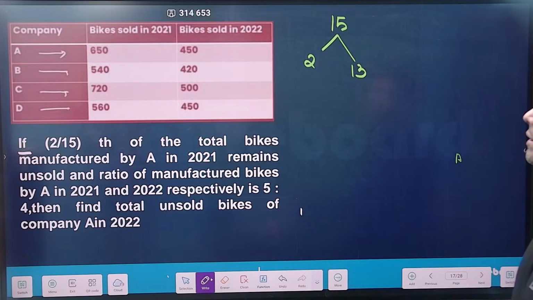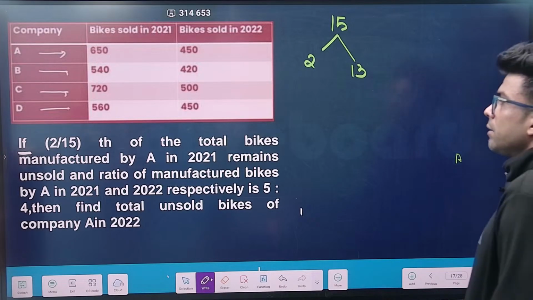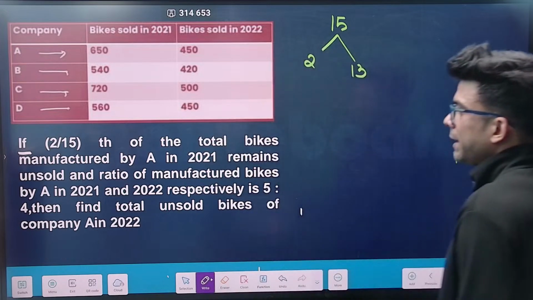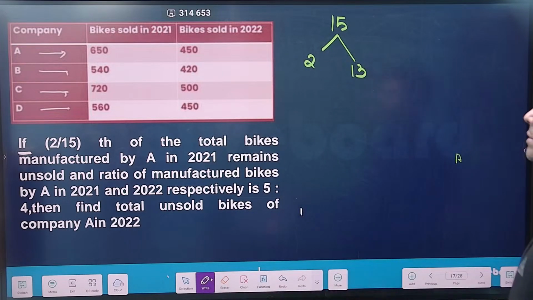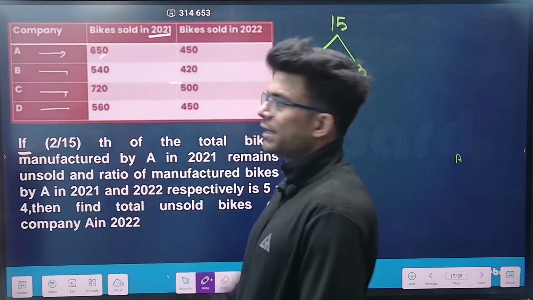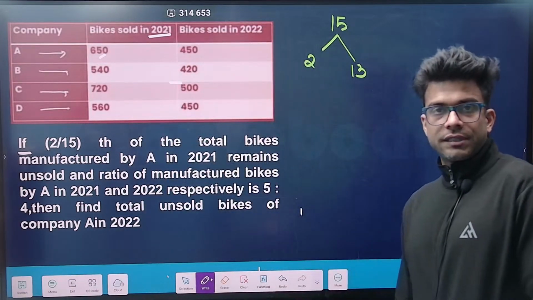Now see, it is very easy, you can answer, but I'll make you understand if you're watching me. Now guys, come on. The total bikes of A sold in 2021 is 650.